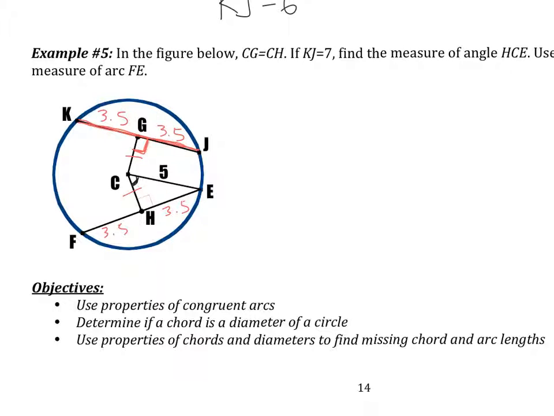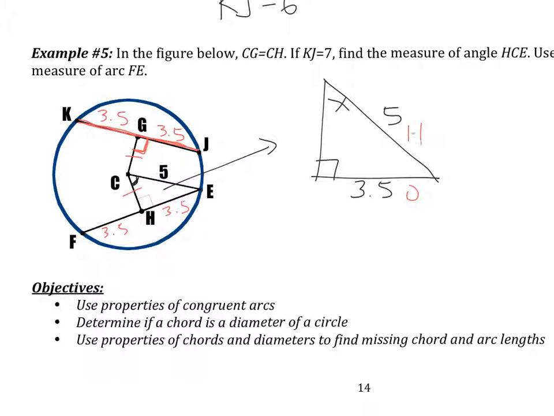Trig. Okay? So if you need to, I'm going to take this triangle, I'm going to kind of blow it up here. All right? We've got a right triangle, we've got a 3.5, we got a 5, and our objective is to find that angle. SOHCAHTOA. What are we going to use? So, because this is your opposite, this is your hypotenuse.